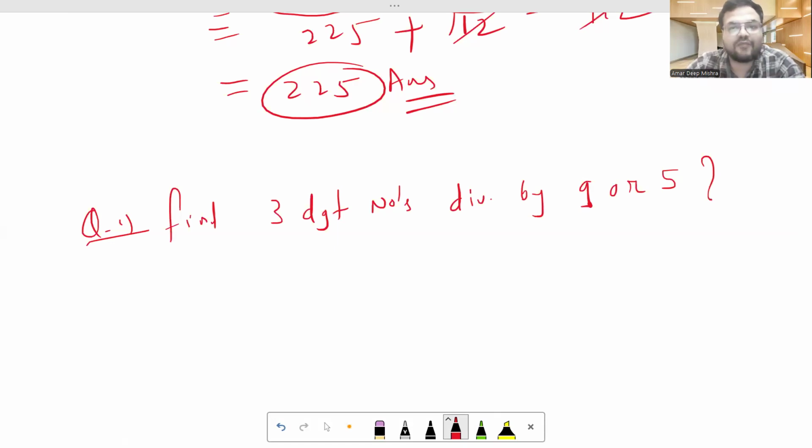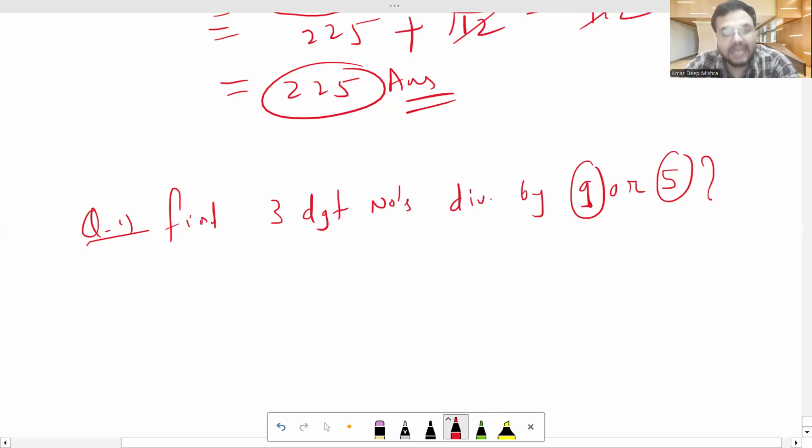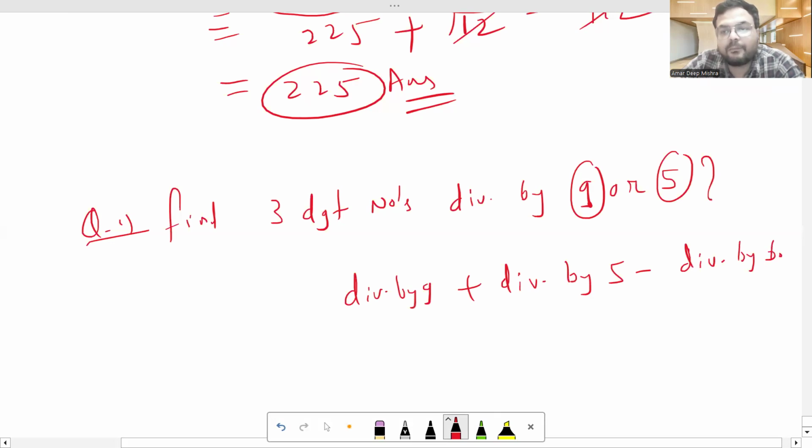First of all, you have to find all the 3-digit numbers which are divisible by 9, then divisible by 5, and then divisible by both 9 and 5. And then you have to use what? The total numbers which are divisible by 9 plus the numbers that are divisible by 5 minus the numbers which are divisible by both 9 and 5. Okay. This you will use and you will get the answer.